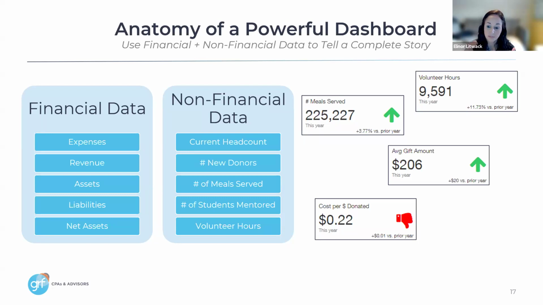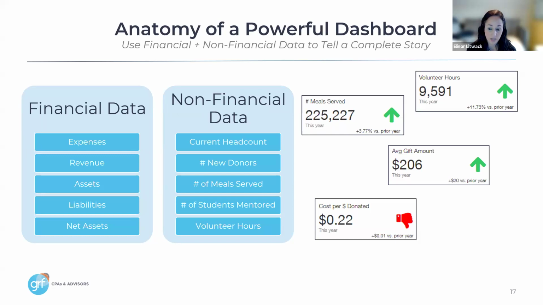So salaries went up and headcount went up. Wait a minute, the number of new donors also went up. We had more funds available. We hired more people, and therefore our meals served went up. So it's tying all the data together by adding depth to the financial numbers and showing the different outcomes and how they were achieved by adding in the non-financial data.